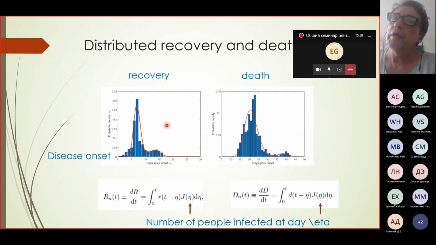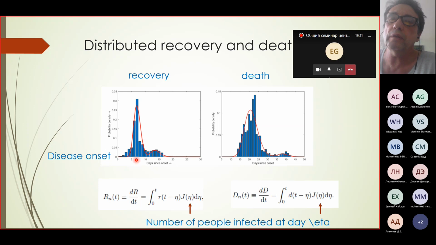So let us take the number of newly infected people, called J here, at some moment of time eta. Or if we look at the left graph in the slide, let us take the number of newly infected people at day 0. Then we can use the data available in the literature.